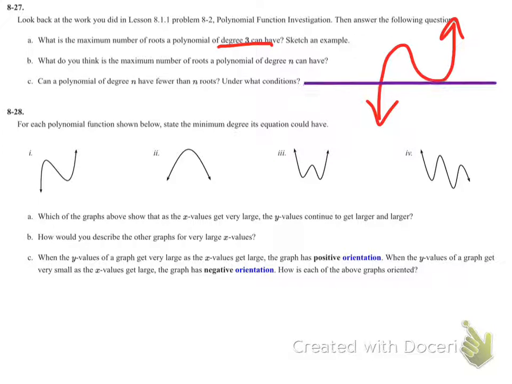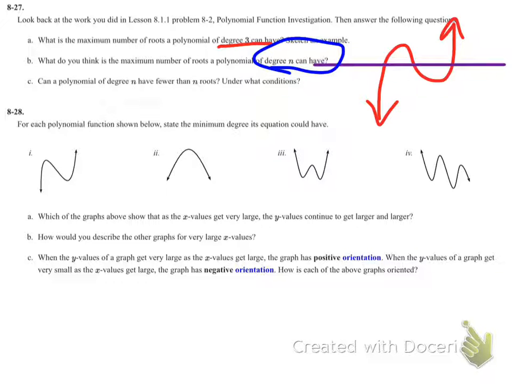If I would go here, now I could have 2 intercepts, and now I'd have 3. I cannot get more than that. So the most that a third degree polynomial could have would be 3 roots. So the next problem, if I have a degree n, it could have at most n roots.